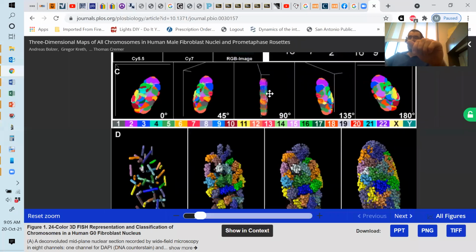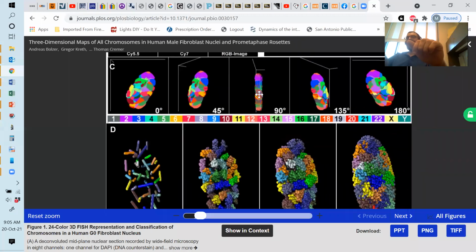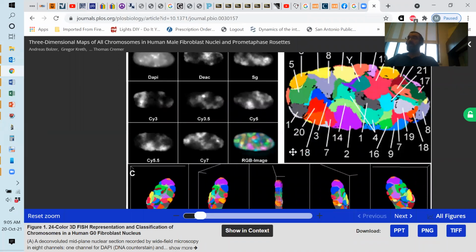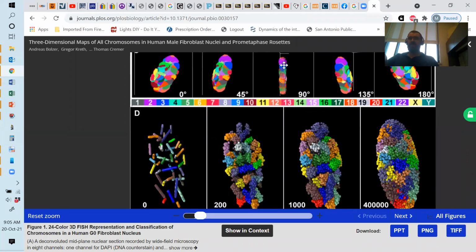And the cool thing is these are taken with a laser scanning microscope with all kinds of funky stuff. This is right at the bleeding edge of microscopy and resolution. That's why that image looks so fuzzy, right? Because it is really at the bleeding edge.